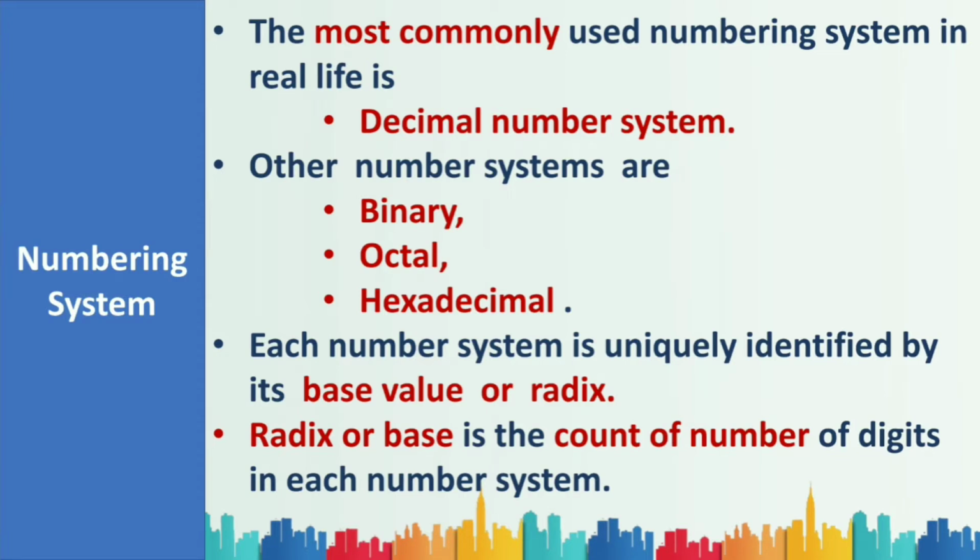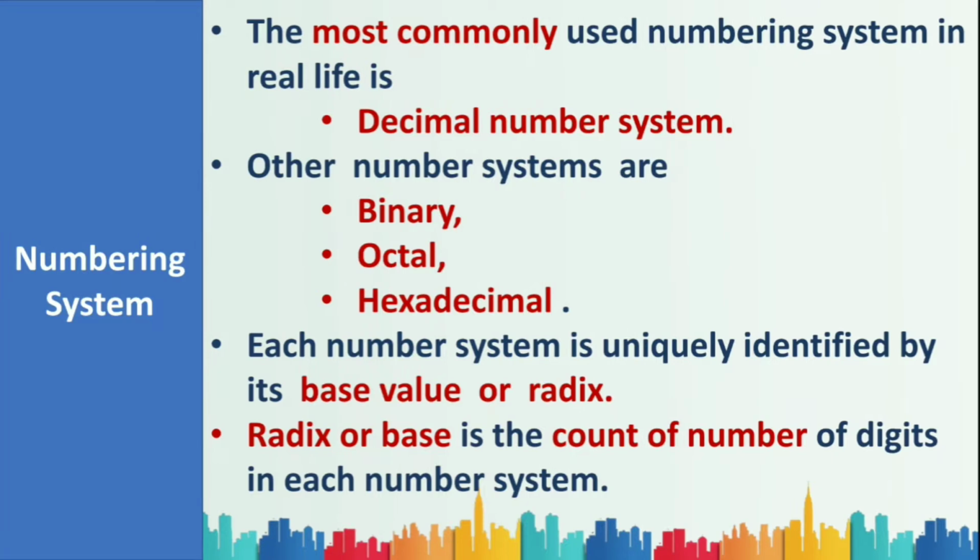How many numbers are there in one number system? For example, in decimal numbers, we have 10 numbers, from 0 to 9. So the base value for decimal will be 10. Like that, each numbering system has its own base value or radix value.